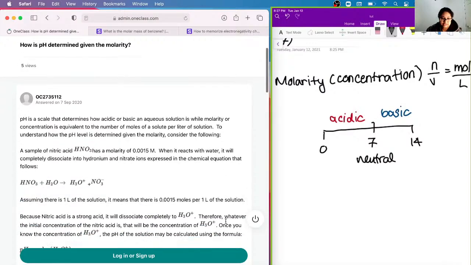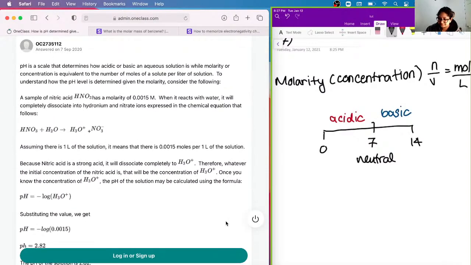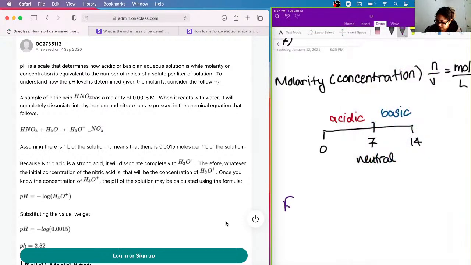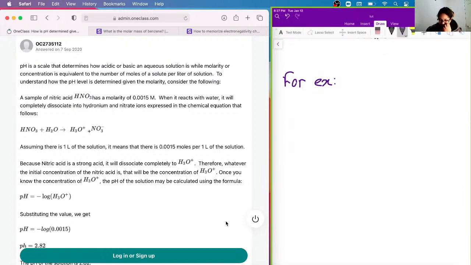So let's say, for example, a sample of nitric acid, which is HNO3, has a molarity of 0.0015 molar. So write this down. The brackets here represent the concentration.